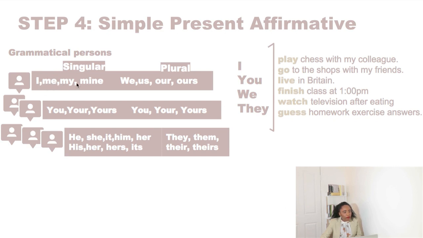So you have I, me, my, mine, as it applies to the first grammatical person in singular aspect, and then we, us, our, and ours in the plural aspect as it applies to the first grammatical person.